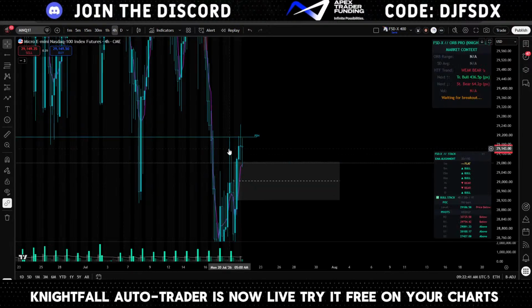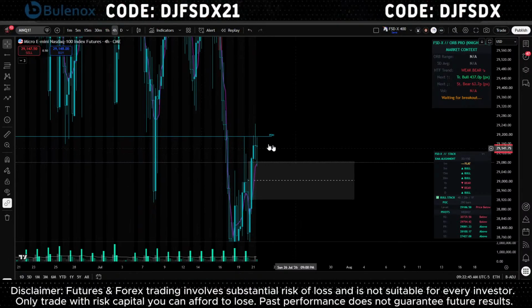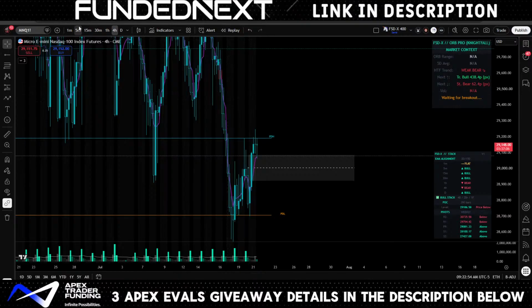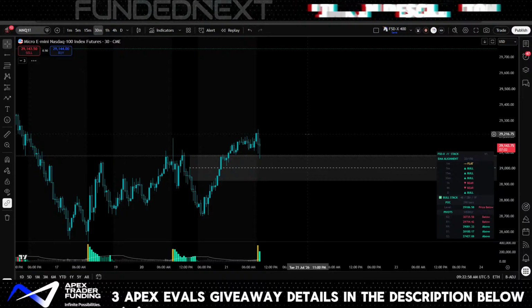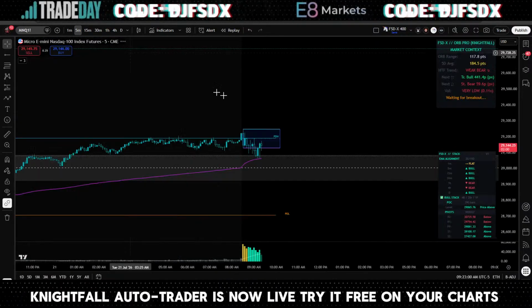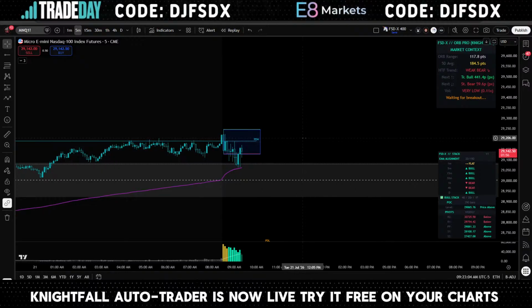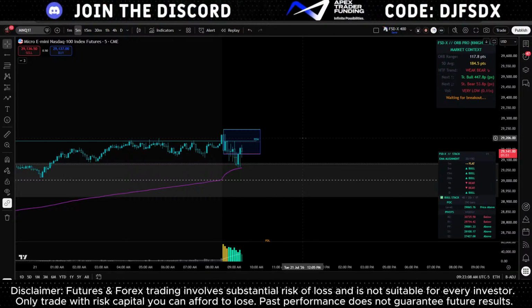I want to see if this flips, and we get up here or even break it. There's a good chance we start making the move, because we didn't go very deep into the FVG. We barely wicked it.